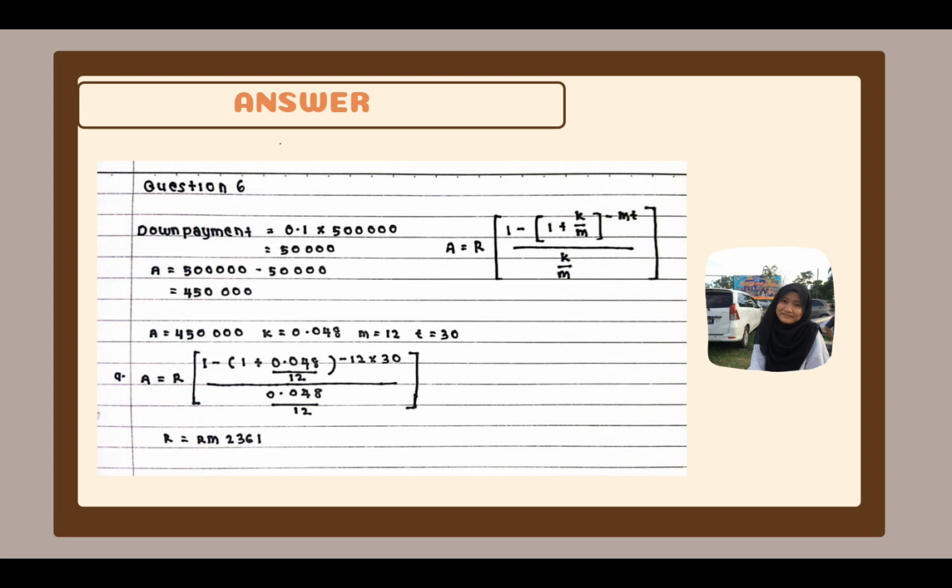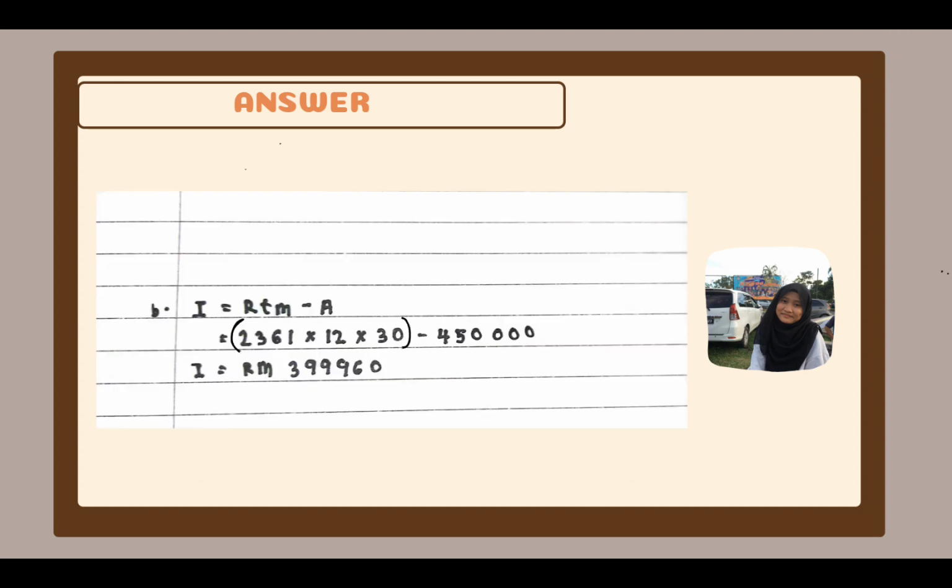To solve this, we put the numbers into the formula, that will be 450,000 equals R open bracket 1 minus open bracket 1 plus 0.048 per 12 close bracket power of minus 12 multiply 30 over 0.048 per 12 close bracket. Then the final answer that we get is 2361.